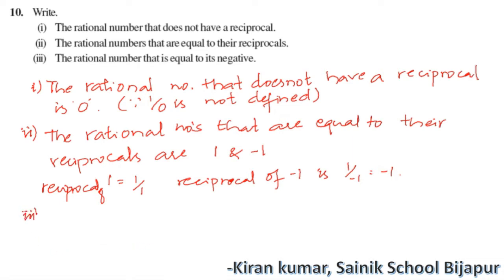Question 3. The rational number that is equal to its negative is 0.